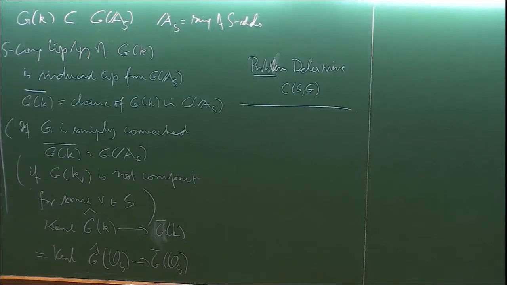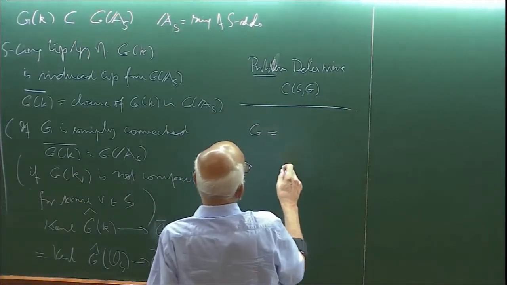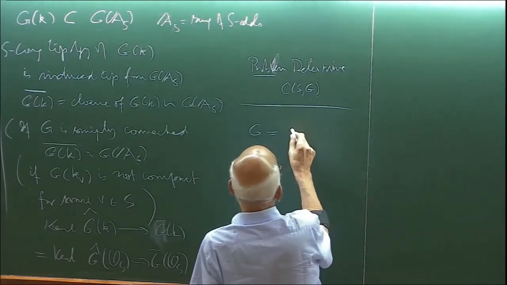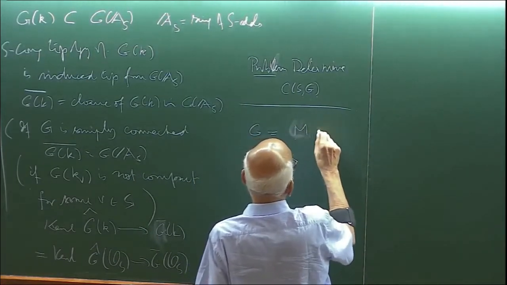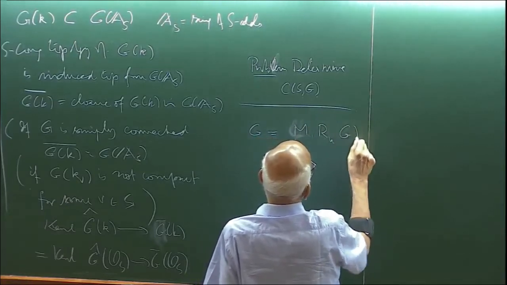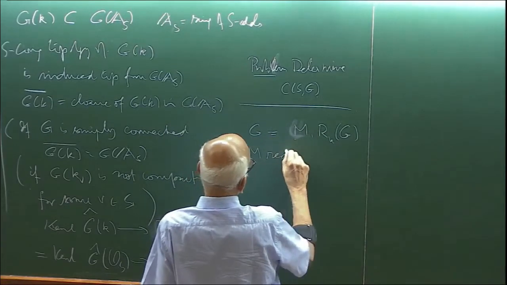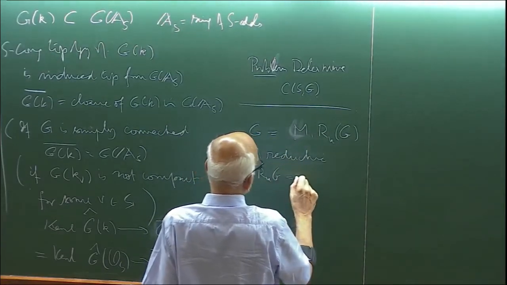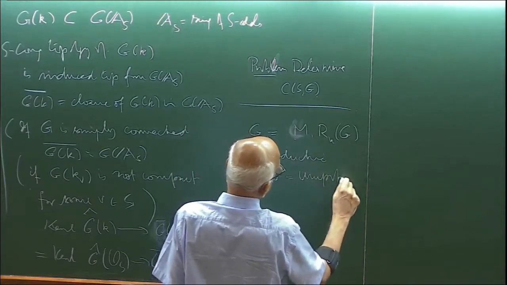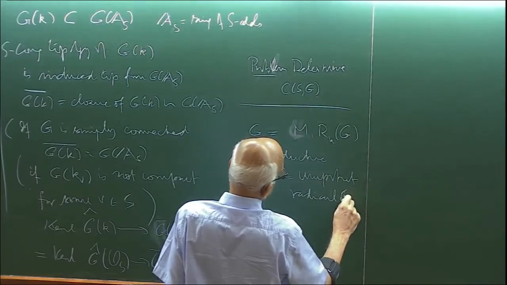So G we always write as M times RUG, M reductive, and RUG is the unipotent radical of G.